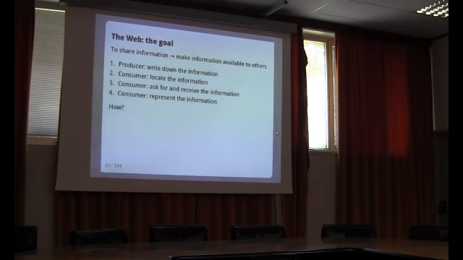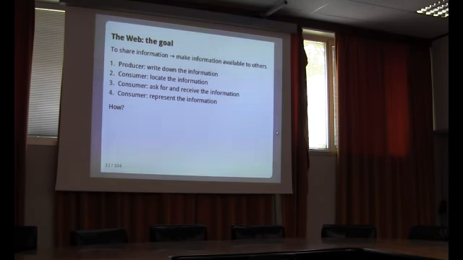In the process of making information available to others, we can see about 4 key steps. First, there is the need of writing down information. At the beginning, the information is just abstract. Someone needs to write down this information, and we can call this someone the producer of information.